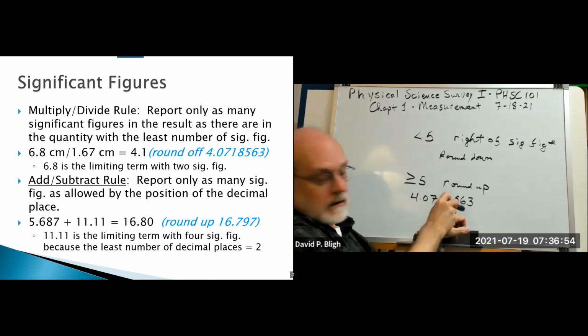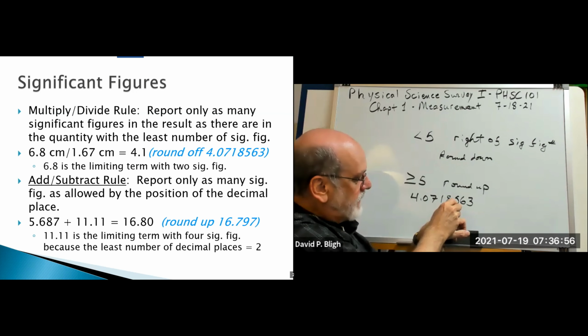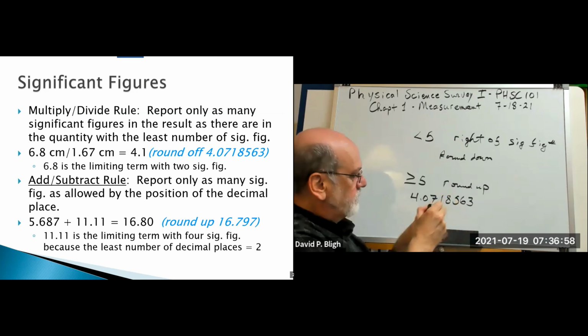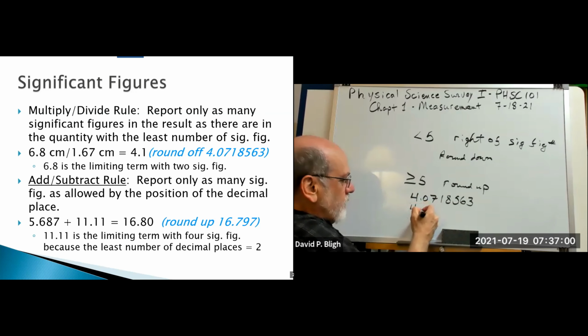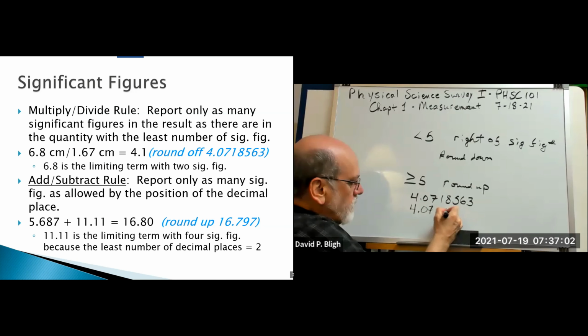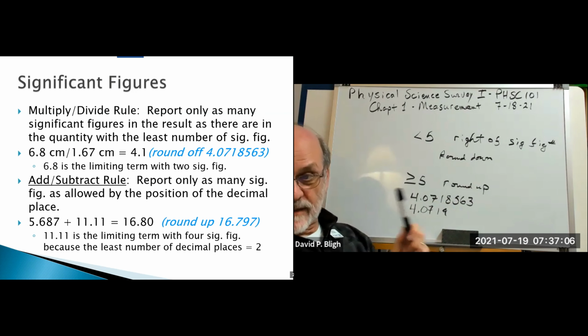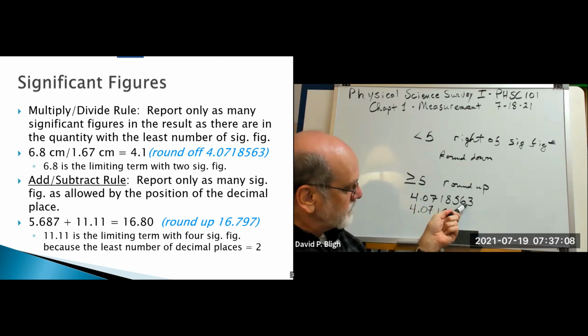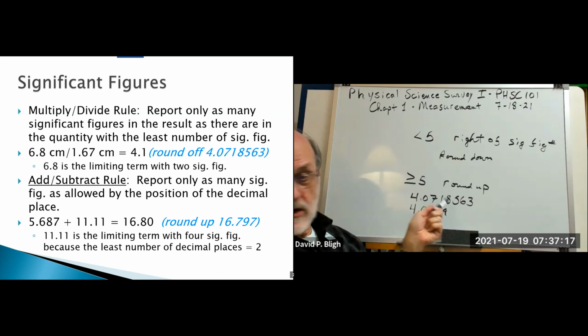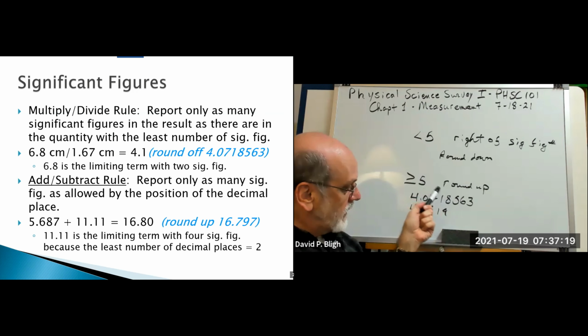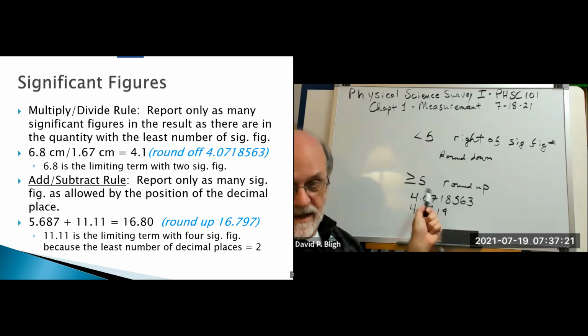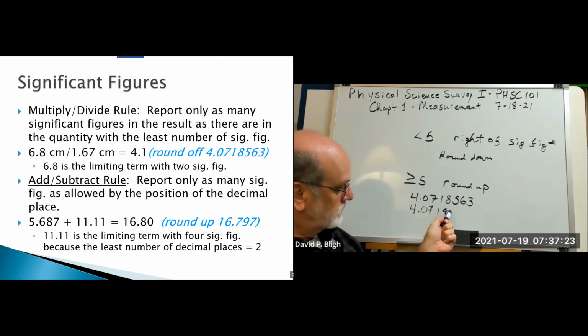They don't count now. It's 5, which means we round up on this one, and we get 4.0719. Now, don't make the mistake of rounding 5 from 6 or rounding 6 from 3 and rounding until you get to the one you want. You go to the one that you want and then look immediately to its right. That's where you apply the rule. Okay?